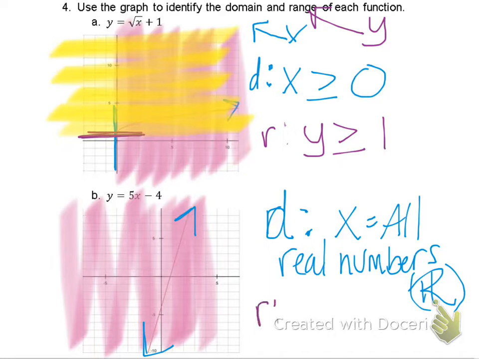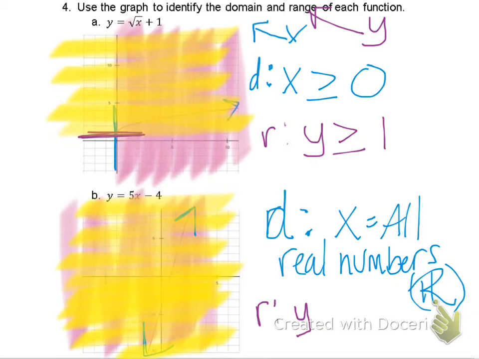For the range, we're looking for y values. And the y values are also going on forever in the upward direction and forever downward in this direction. So the range is also all real numbers.